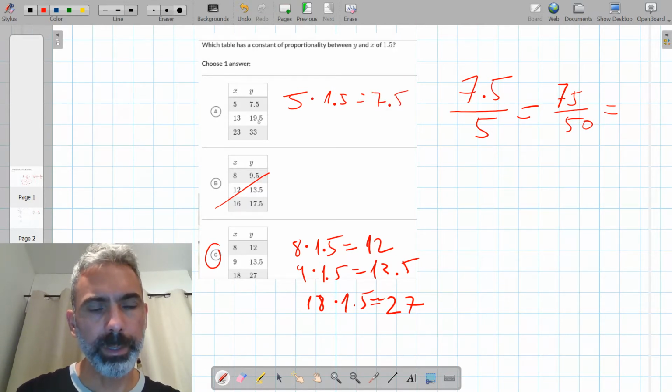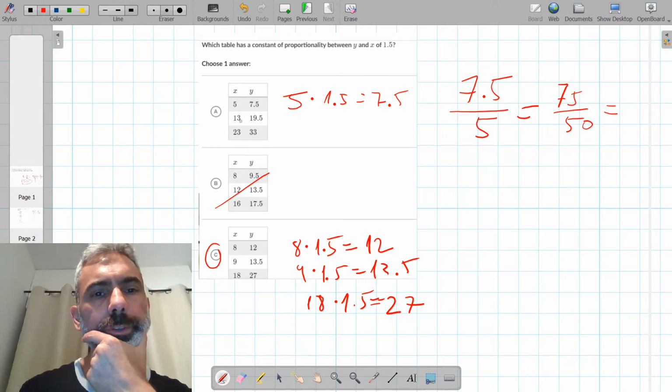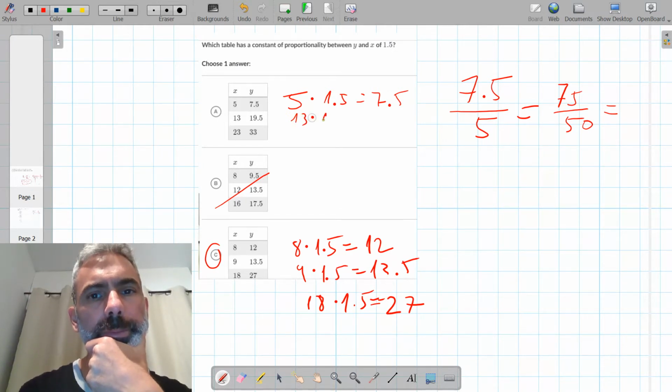But 13, 1/2 of 13 is 6.5. So 13 times 1.5 is indeed 19.5.